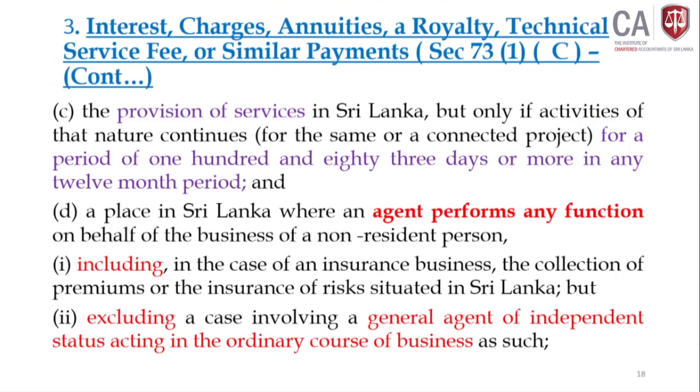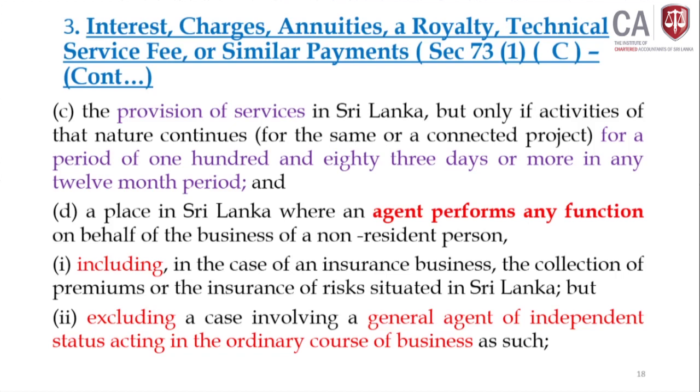Come to this Roman 2 explanation: excluding a case involving a general agent of independent status acting in the ordinary course of business as such. The independent agent is doing his own business, and as part of his own business he is doing the activities of the non-resident person. In that sense, he is the independent agent.